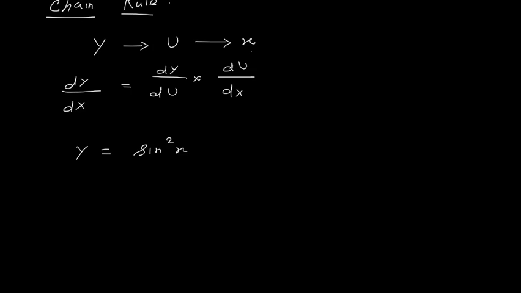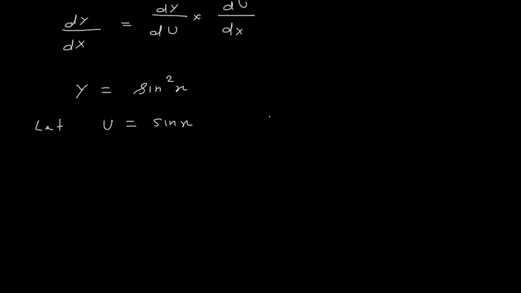I have one function as sin x, the other function as x square. So I will define one more function: let u be sin x. Then you can say that y is u square and u is sin x.